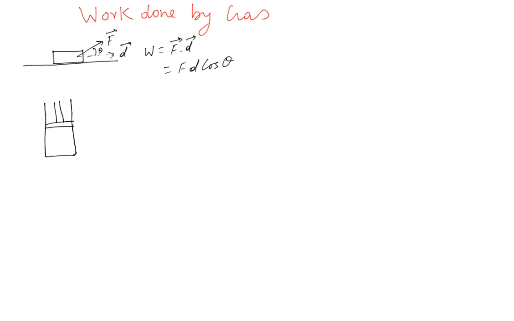This piston has a gas which has pressure P. The gas has volume V. Now let's say this pressure is greater than the pressure outside, so this gas is going to push this piston upward.